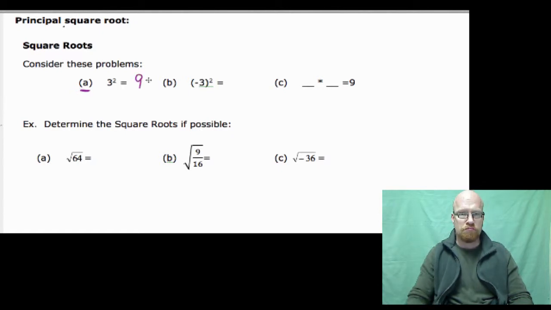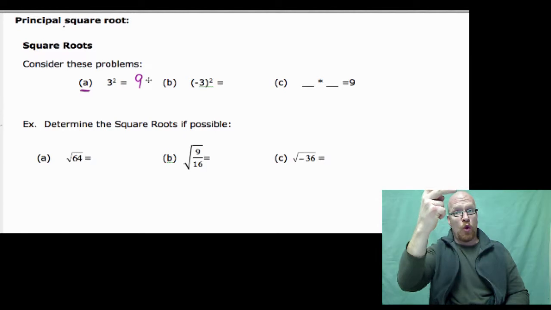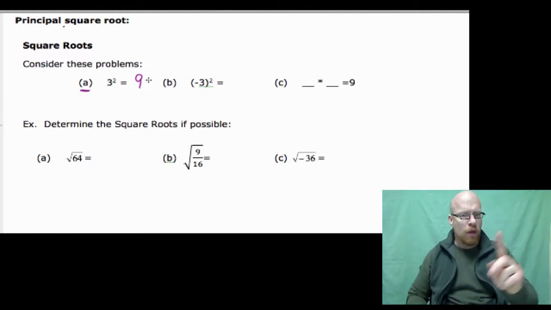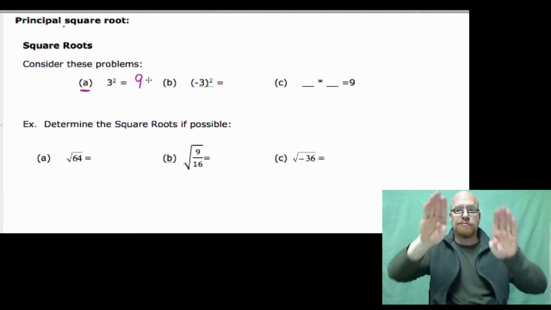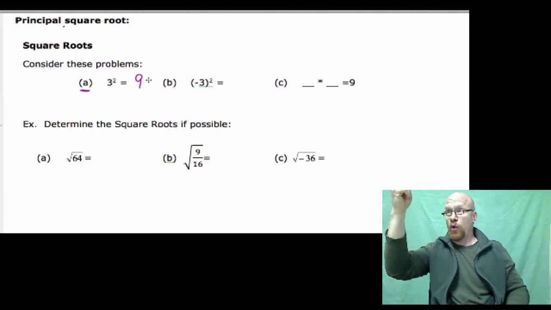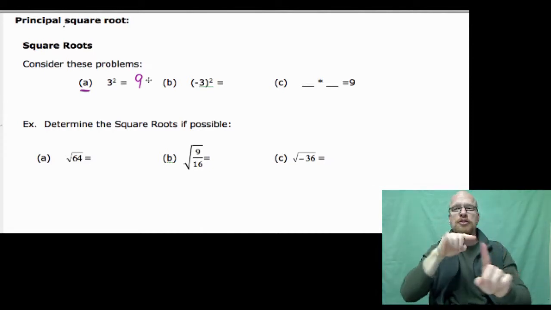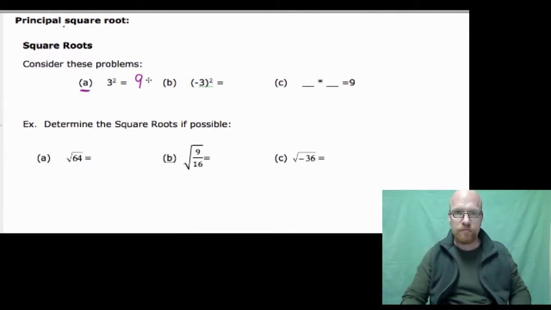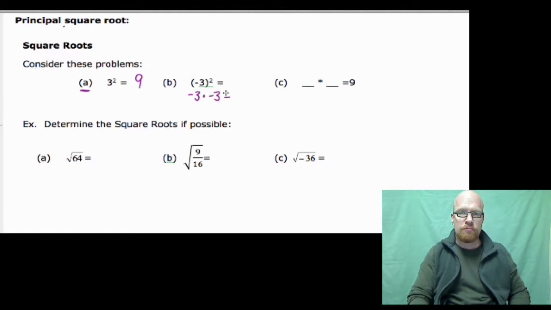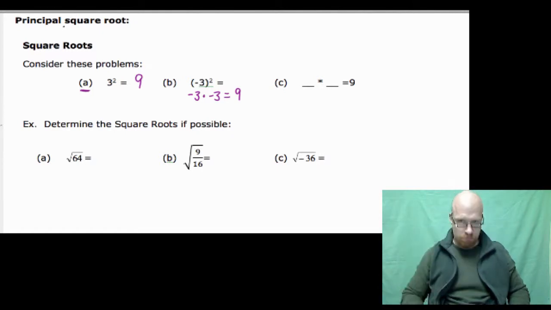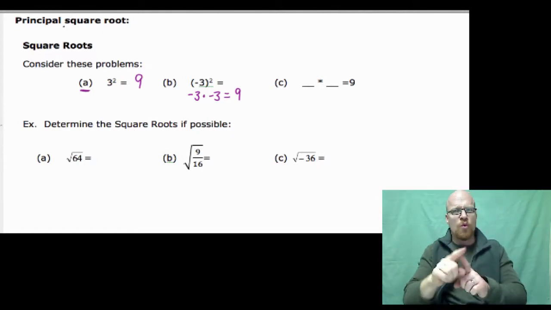So we know 3 squared is equal to 9. Okay? Now the next one over, we have -3, the quantity squared. So -3 times -3 equals +9 as well. Okay, and lastly, what times what equals 9?